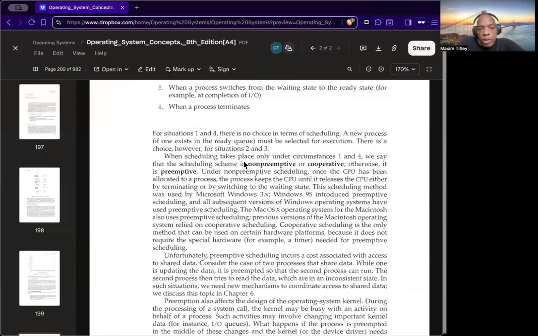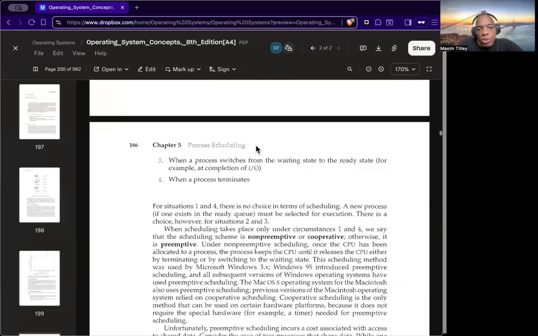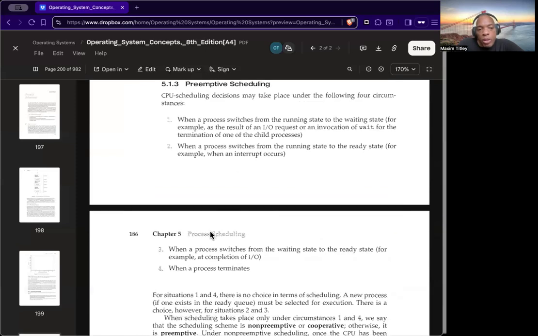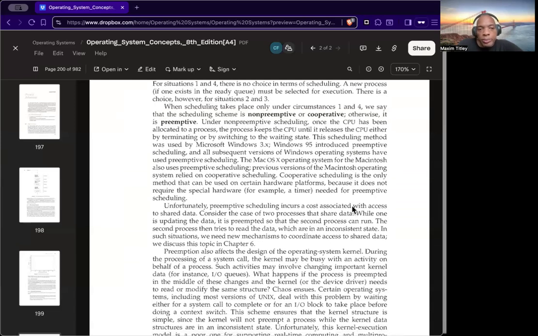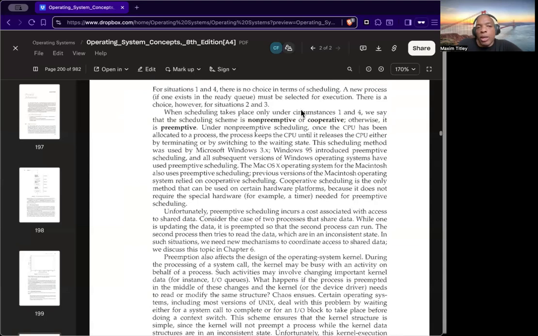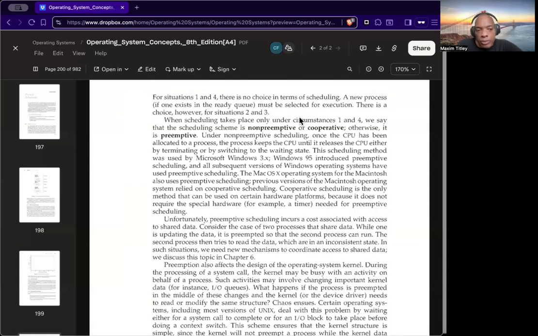There is a choice, however, when it comes to these two, with a process switching from waiting to ready, and also when a process switches from running to ready. Okay. So when this particular part happens, then we have the following scenario. Scheduling takes place only under circumstances 1 and 4. In those cases, we say that that is non-preemptive or cooperative.